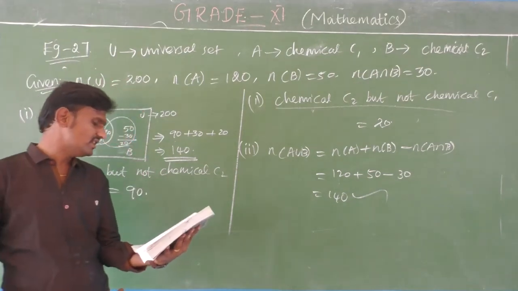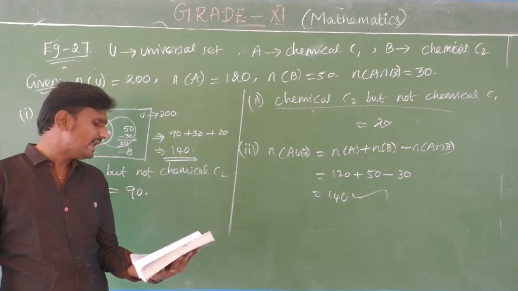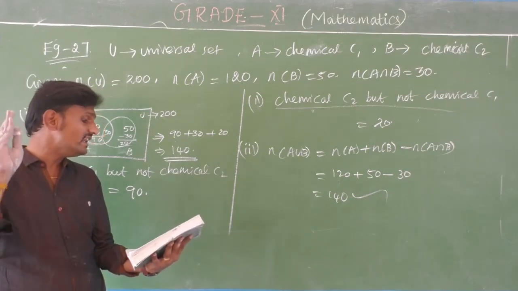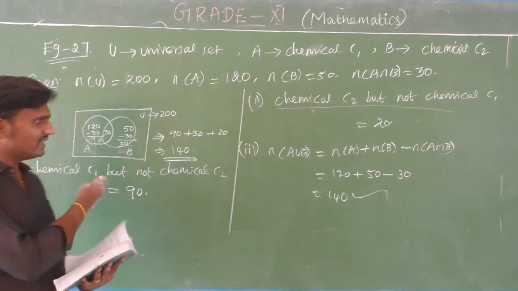The seventh question is also the same manner: in a group of 65 people, 40 like cricket, 10 like tennis. How many like only tennis and not cricket? For that type of sums, try yourself.